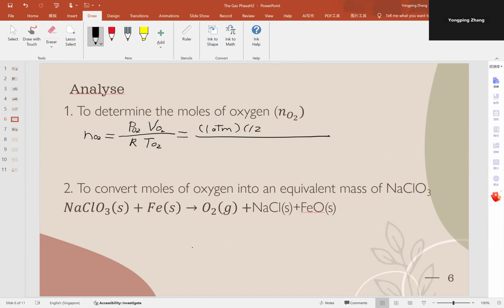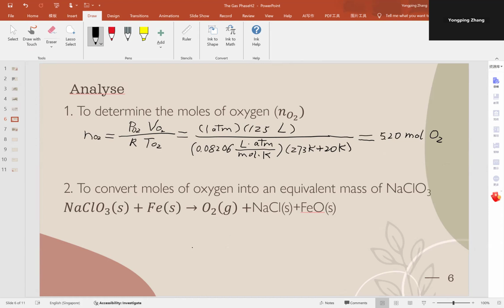Volume is 125 liters. R equals 0.08206 liter atmosphere per mole K. With the temperature, we can get the moles of oxygen, which is 5.2 moles of oxygen.